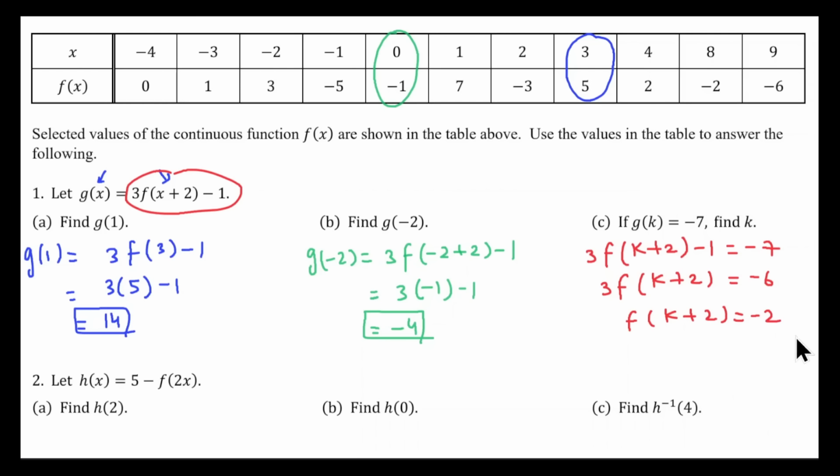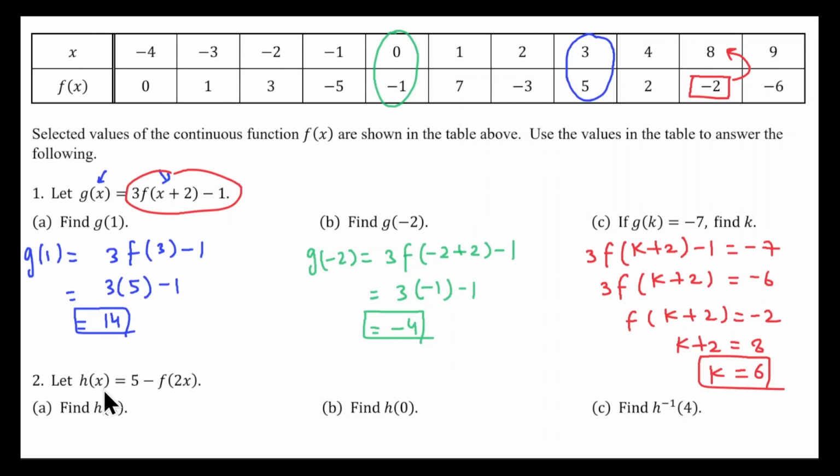So if f of something is negative 2, notice where is the y coordinate or f value negative 2, right? It is over here. And it should correspond to an x value of 8. So this should mean that k plus 2 should be 8, which means that k should be 6. That should be our answer.